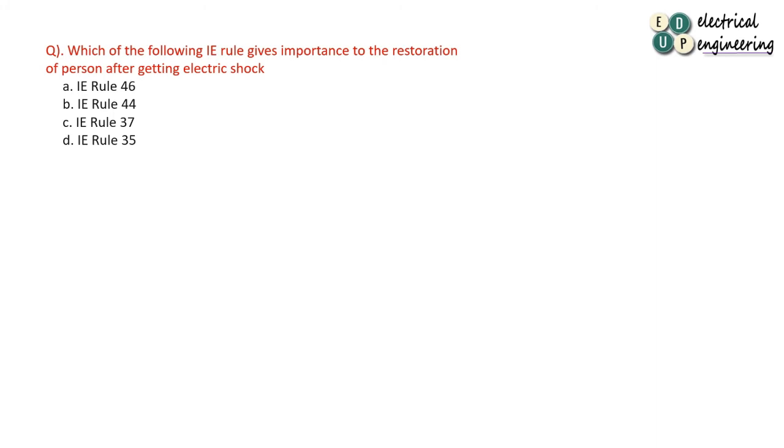Which of the following IE rules gives importance to the restoration of a person after getting an electrical shock? This question was already discussed in our IE Rule 1956 lecture number 4. From that lecture we can conclude that electrical shock restoration comes under IE rule number 44.